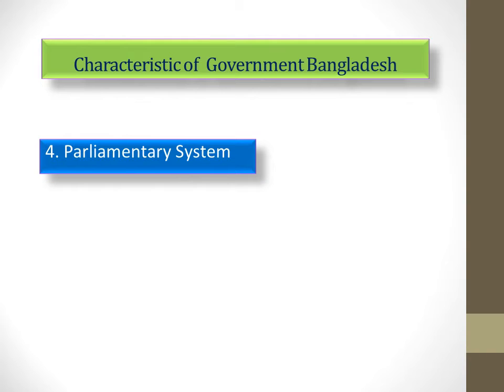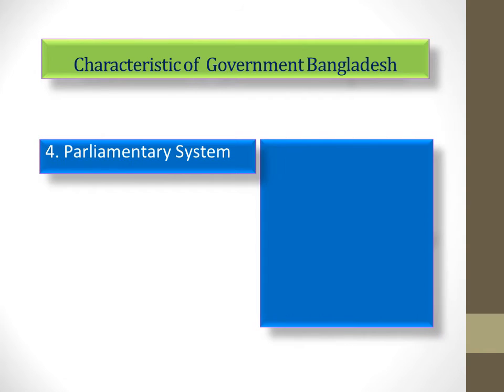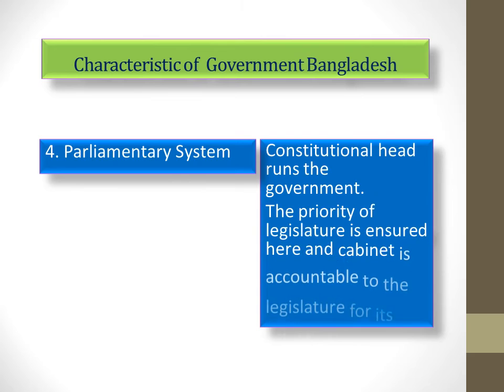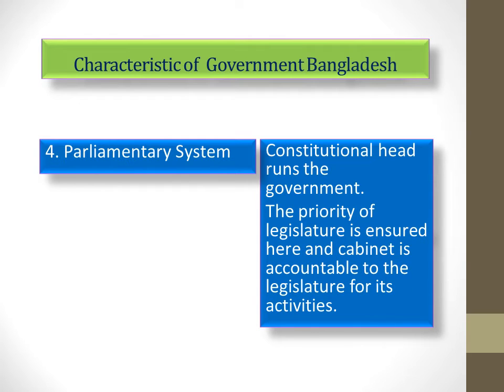Number 4, parliamentary system. In this system, a constitutional head runs the government, and the constitutional head of the Bangladesh government is our Prime Minister. In this system, the priority of the legislature is ensured and the cabinet is accountable to the legislature for its activities.